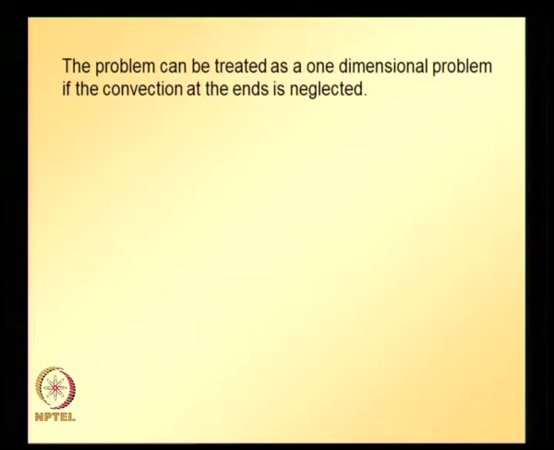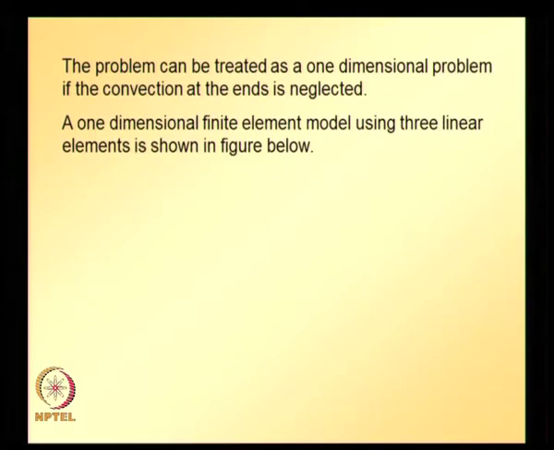Before we discretize, the problem can be treated as a one dimensional problem if convection at the ends is neglected. This is one of the assumptions. Once we treat it as a one dimensional problem, a one dimensional finite element model using 3 linear elements is shown.